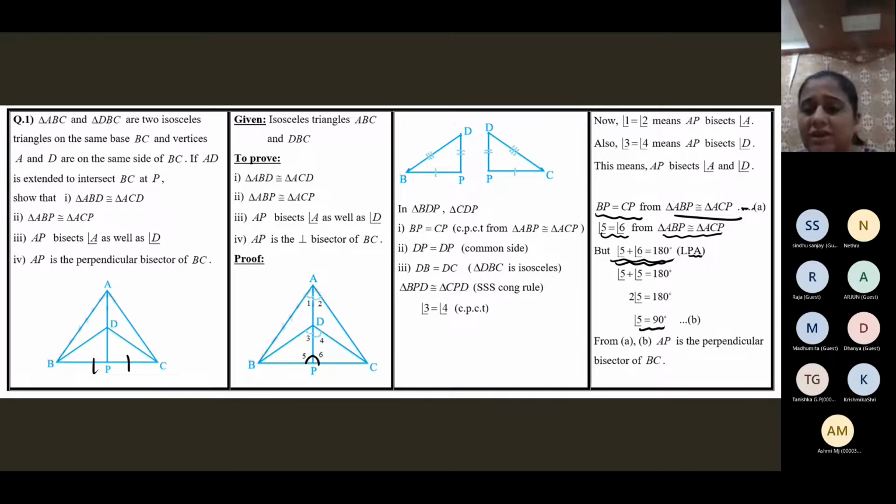So I've marked this A and this one is B. This is bisect. This is perpendicular. BP is equal to CP means bisector. And 90 degrees means perpendicular. So from A and B, AP is the perpendicular bisector of BC.